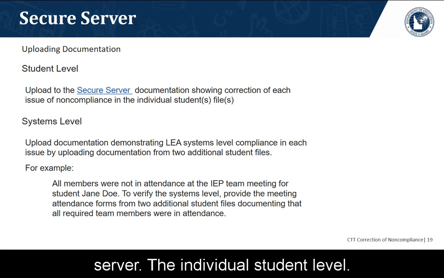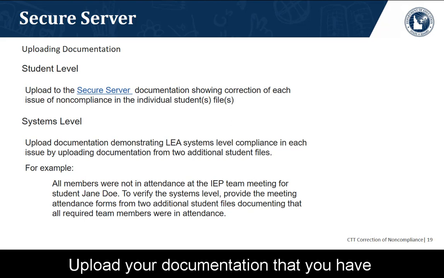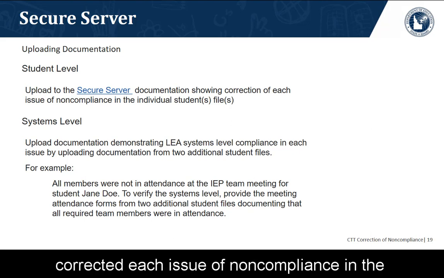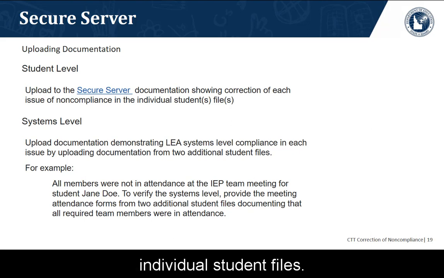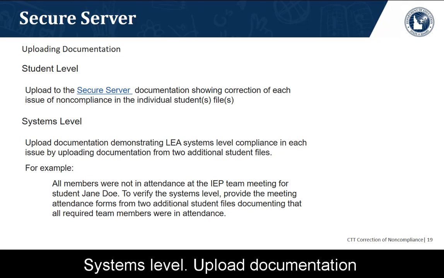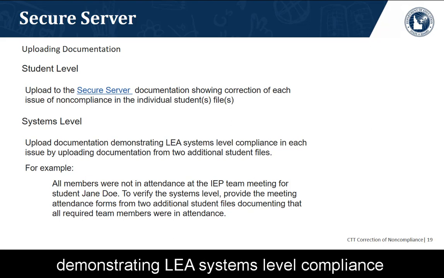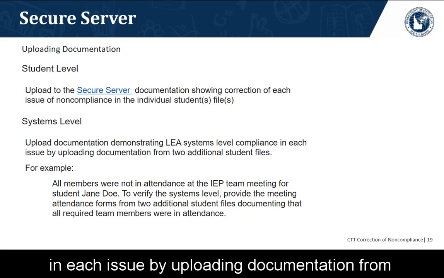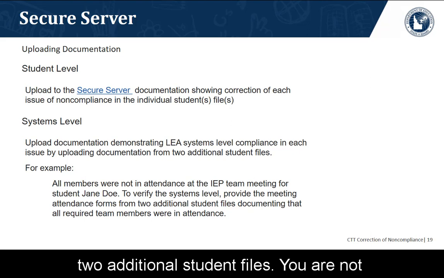At the individual student level, upload your documentation that you have corrected each issue of non-compliance in the individual student files. At the systems level, upload documentation demonstrating LEA systems level compliance in each issue by uploading documentation from 2 additional student files.